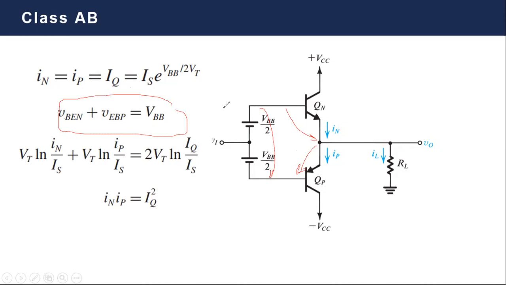Or in other words, if you turn this into current by taking the natural log of both sides of the first equation, then you get that VT ln IN over IS, this represents this one, plus VT ln IP over IS, this represents this one, equal to VT ln IQ over IS, which is obtained by putting VBB on one side and the other terms on the other side.